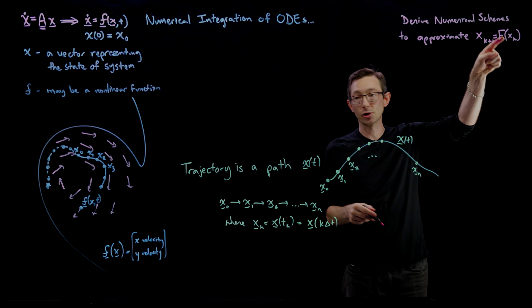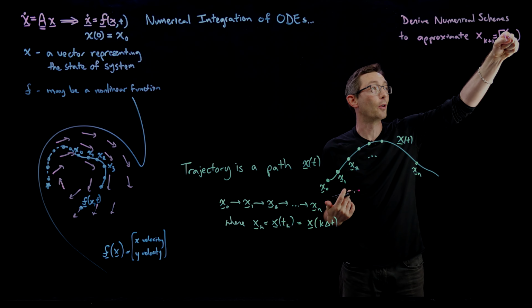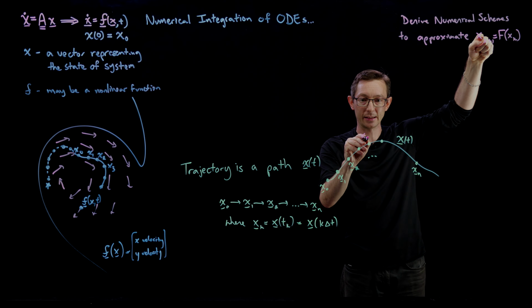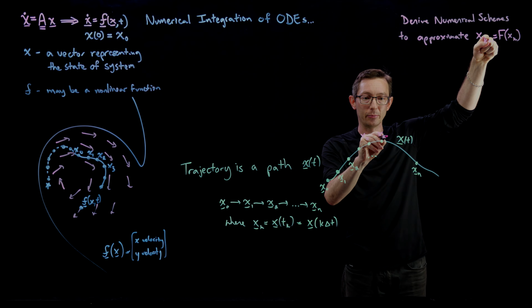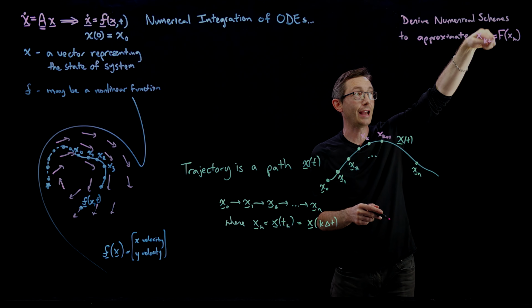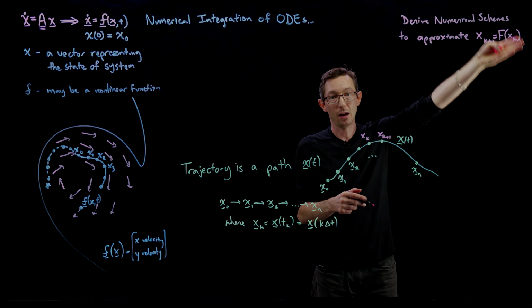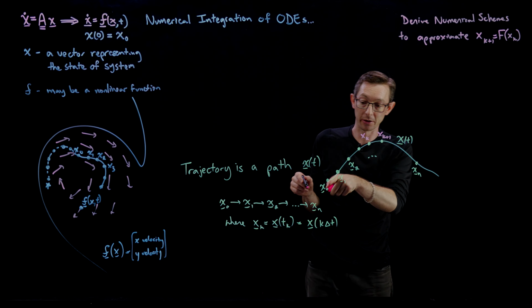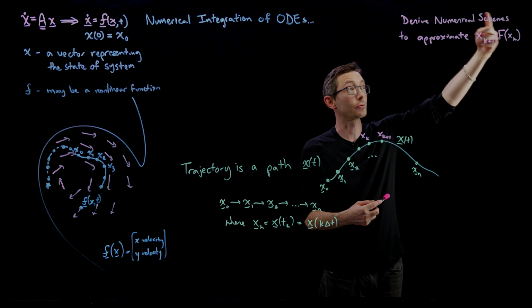So if I know my position at the time step now, I want to be able to predict my position at the next time step. So let's say this is x_k, and this is x_{k+1}. I want to be able to build some numerical scheme, some big F, that approximates a 1 delta t time step forward. Then I can build this trajectory starting from my initial condition by just running it through my numerical scheme.